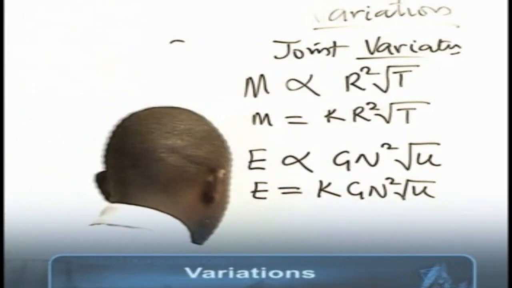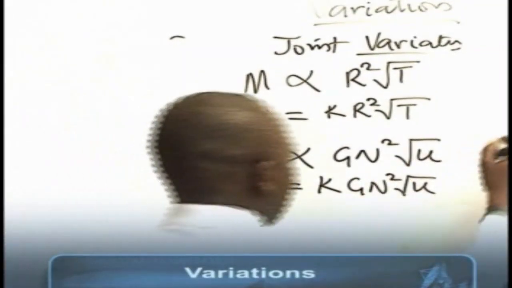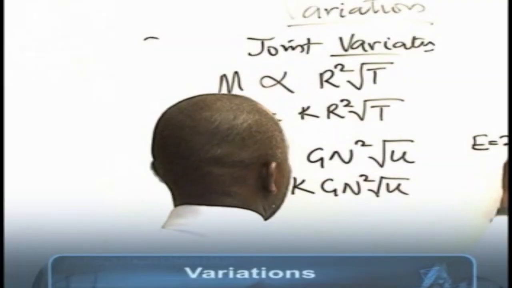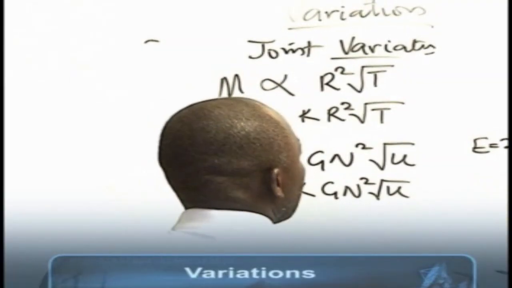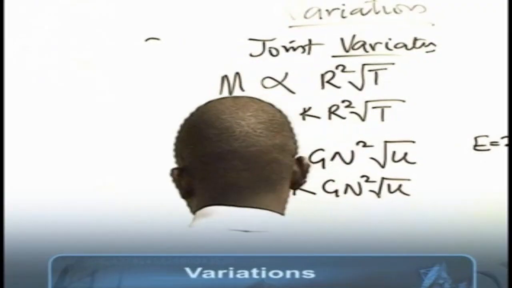And we were given the initial values. We were told that E is 200, G is 2, N is 2, and U is 25.